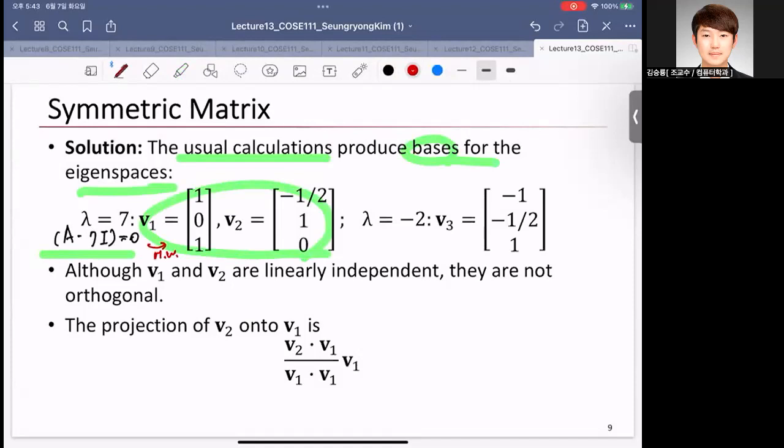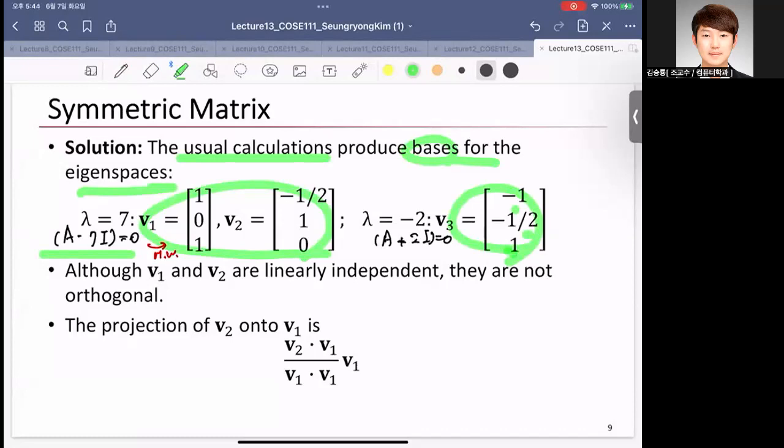Similarly, when lambda is equal to -2, it's A plus 2 I equal to 0. Then the eigenspace for this one is V3, -1, 2, 1.